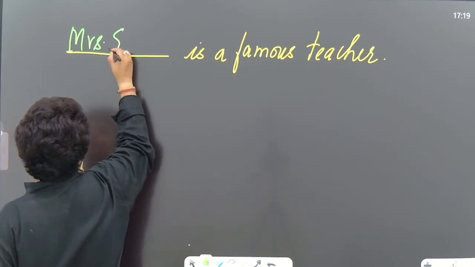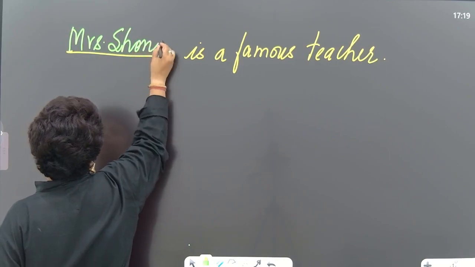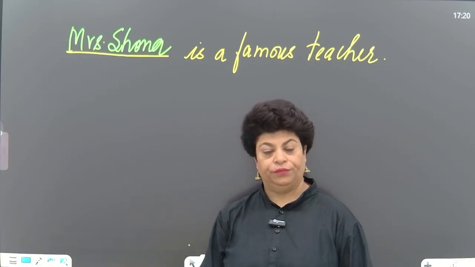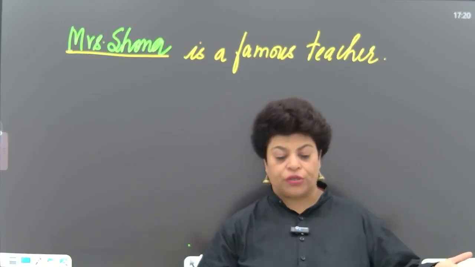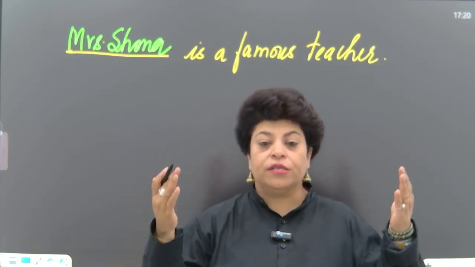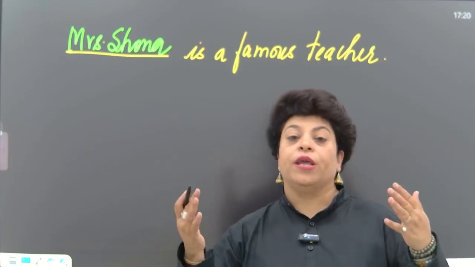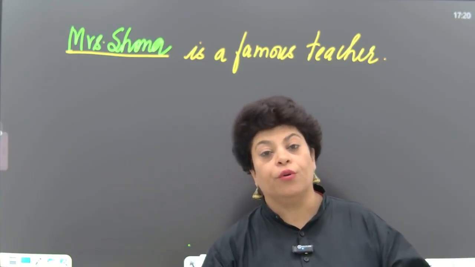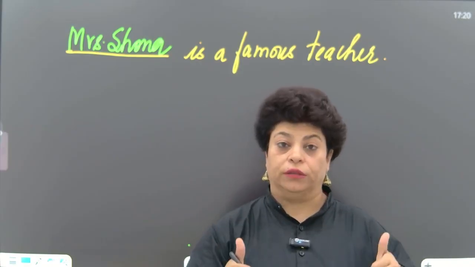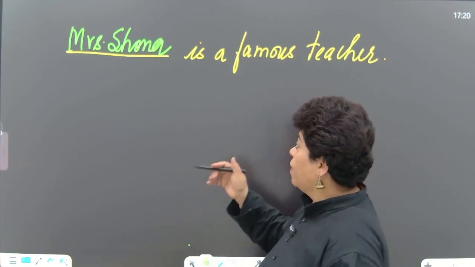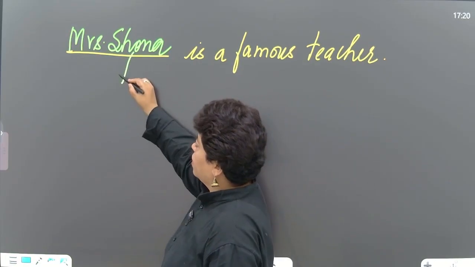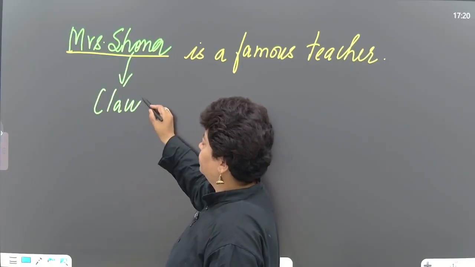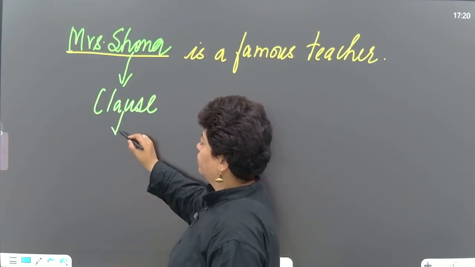Mrs. Shona is a famous teacher. Everybody knows her because she is a renowned teacher, a renowned preceptor, a renowned educationist, a renowned philanthropist, a renowned social worker. My question is, do you say it is a clause? No.